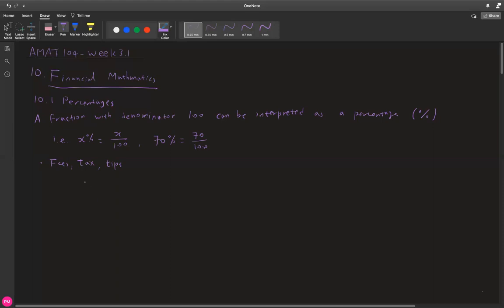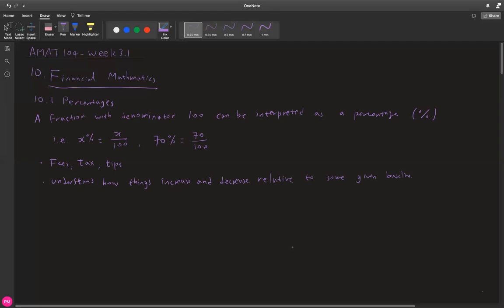This is also useful when you're trying to understand how things increase and decrease relative to some given baseline.